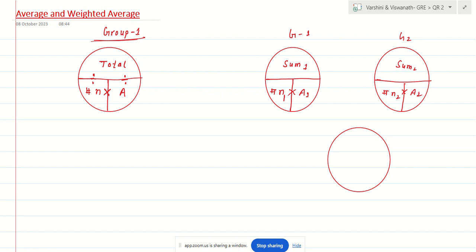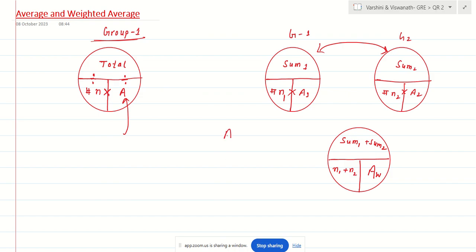n2 into a2. So when there is one group, we talk about the average. If there are multiple groups, we talk about the weighted average. If the question asks for the average salary of these two groups together, that is called the weighted average. So how to do it? Sum 1 plus sum 2, divided by n1 plus n2. That is the weighted average.